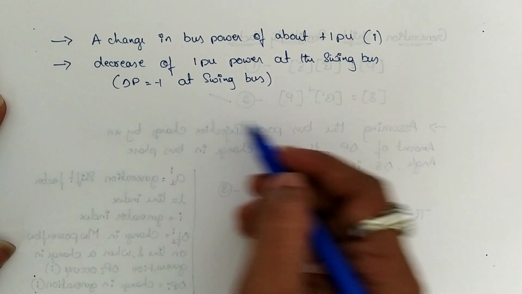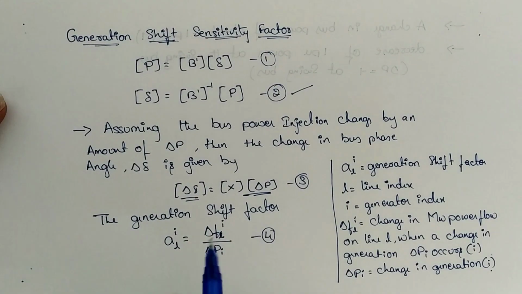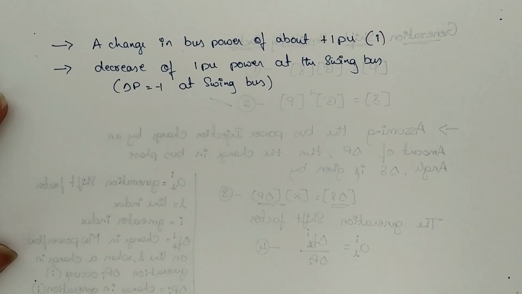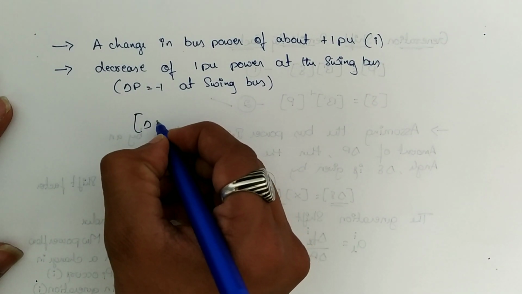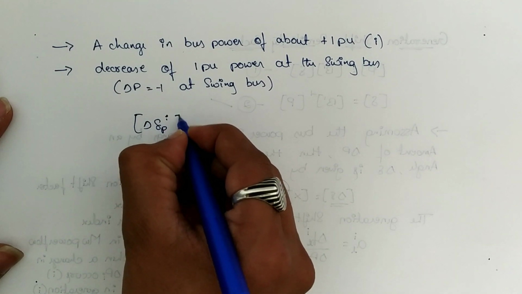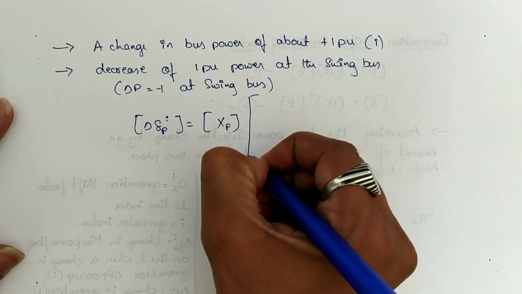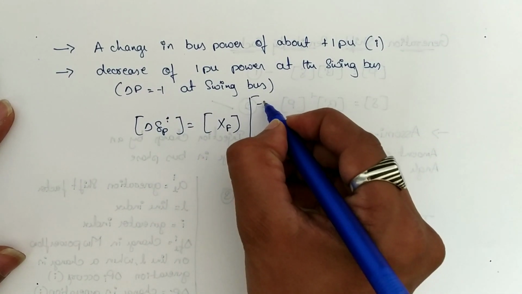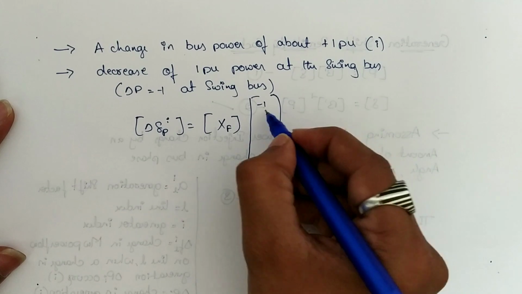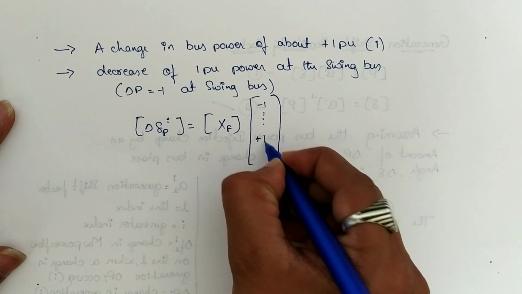Thus, if you want to represent it in matrix form, from equation number 3, for a small change in power, the change in swing bus would be given by delta P_I is equal to X times: at the swing bus the delta P is -1, and at bus I the value of delta P is +1.